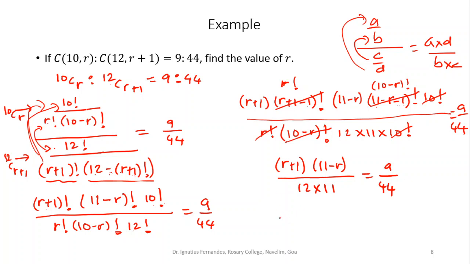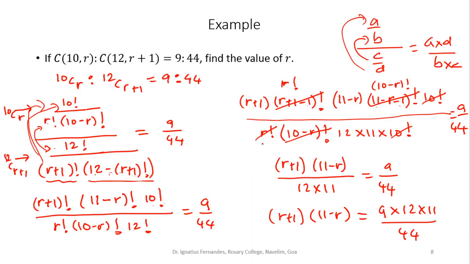I'll cross multiply this. So I have R plus 1 into 11 minus R is equal to 9 into 12 into 11 divided by 44. So I'll multiply this 9 into 12 into 11, and I'll simplify the bracket the same way.